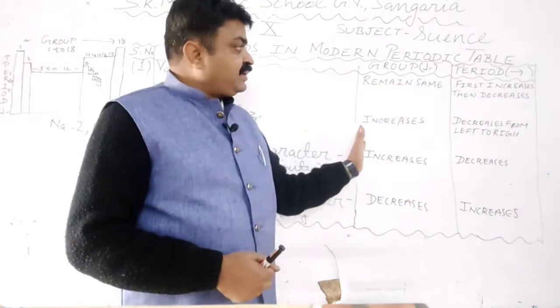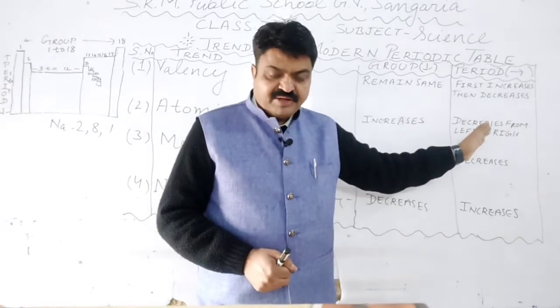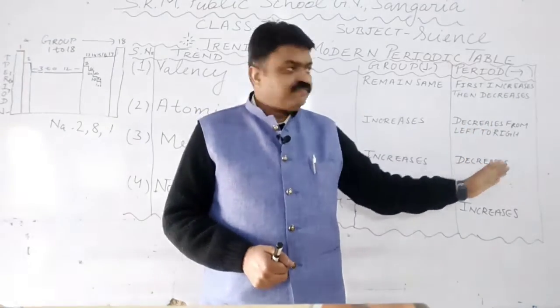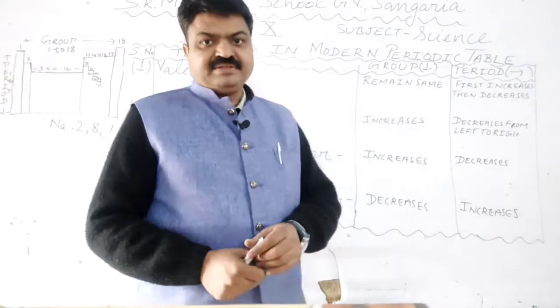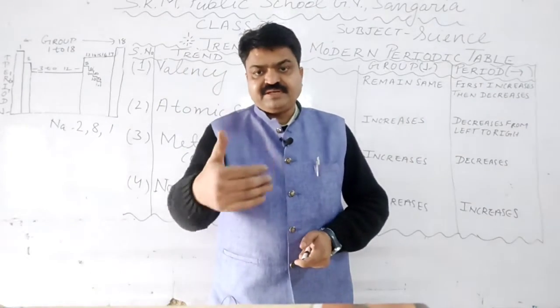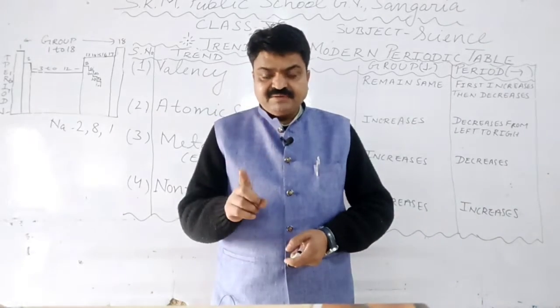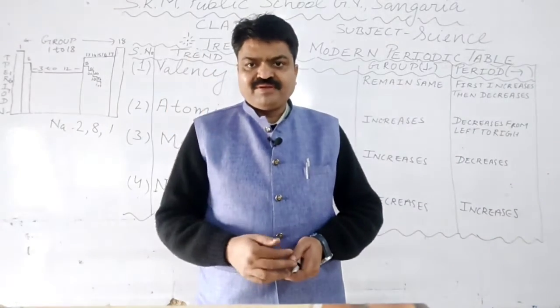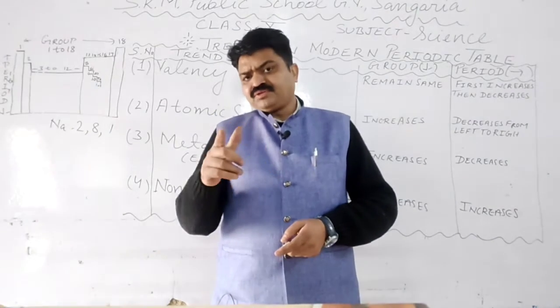valency first increases till the middle, and after the middle it decreases. Means their combining capacity decreases, and it becomes zero. In which group, student, does it become zero?